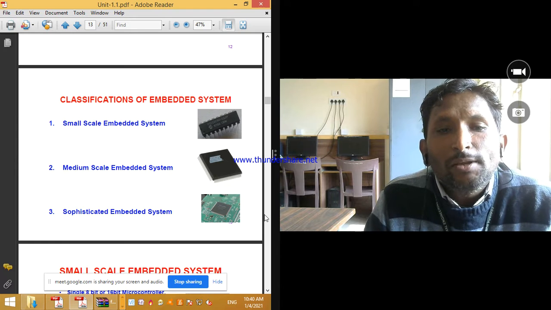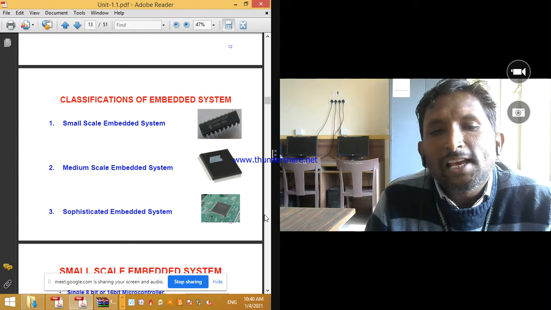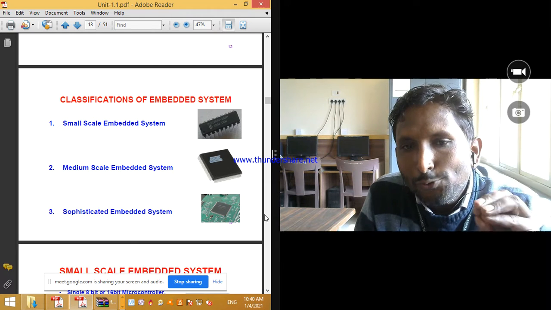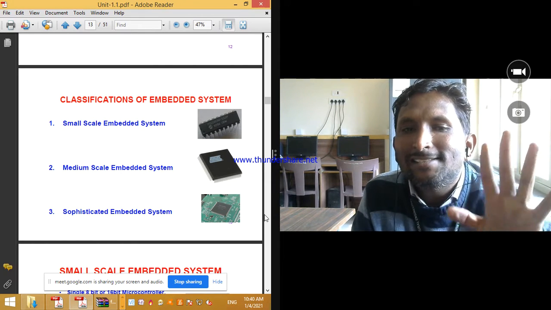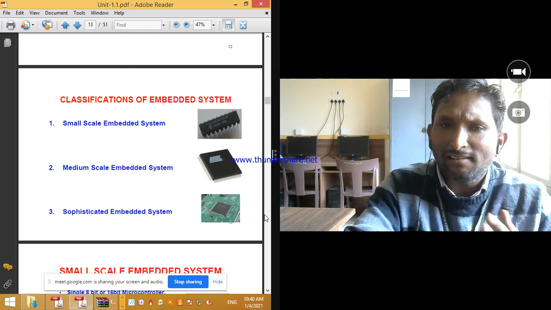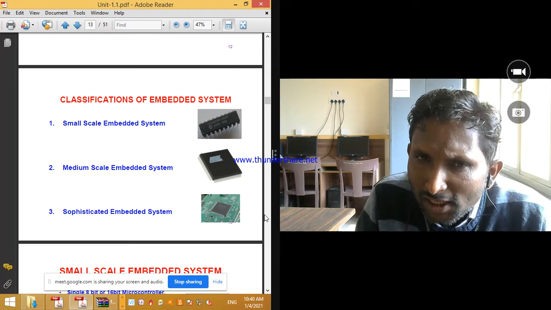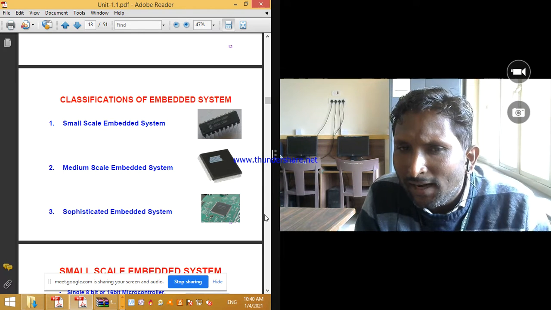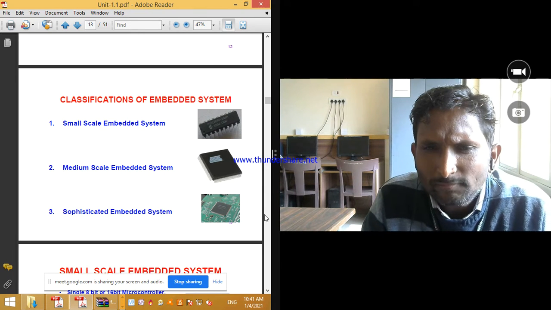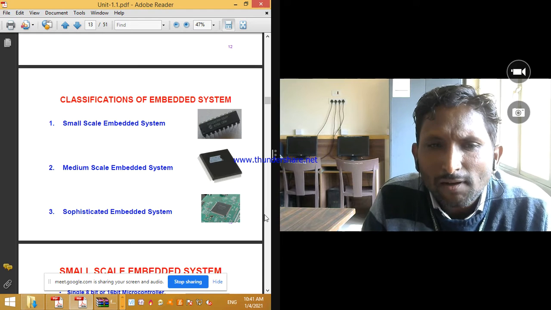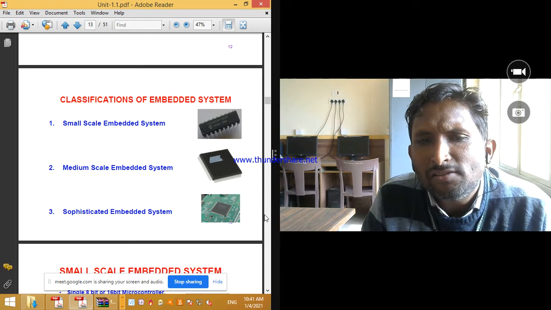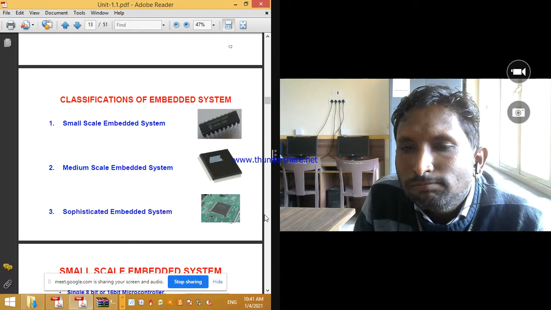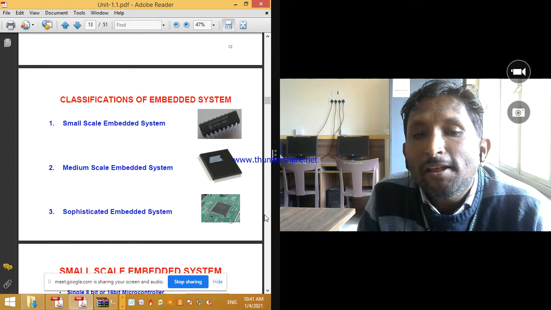Classification of embedded systems: small scale embedded system, medium scale embedded system, sophisticated embedded system. Through the diagram you can easily understand. If you want to use small scale, the chip used is very small and very basic. If you want to develop a medium scale embedded system, the chip used is somewhat different from a sophisticated embedded system.